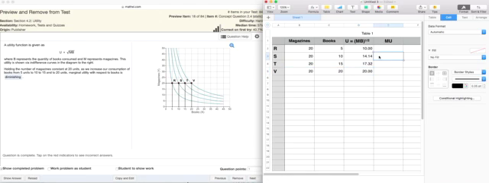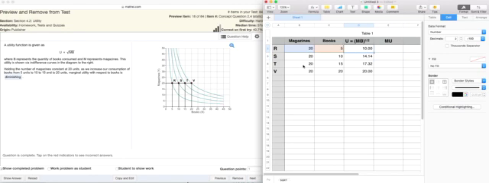To get the marginal utility, all you're going to do is take a look at how your utility changed when you increase those increments of books. So for example, keeping the number of magazines constant at 20, when we have 5 books, we have 10 units of utility from 20 magazines and 5 books.